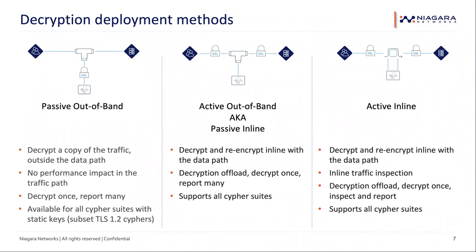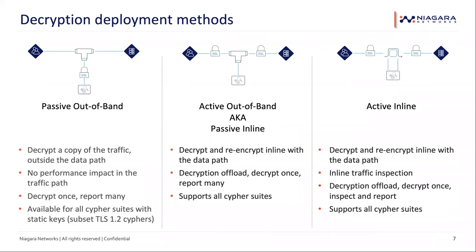In general, there are 3 decryption or deployment methods. The first is what we call passive out-of-band, and that is trying to decrypt the old cipher suites that were there before TLS 1.2, the static cipher suites, where having the certificate was sufficient to do the decryption.